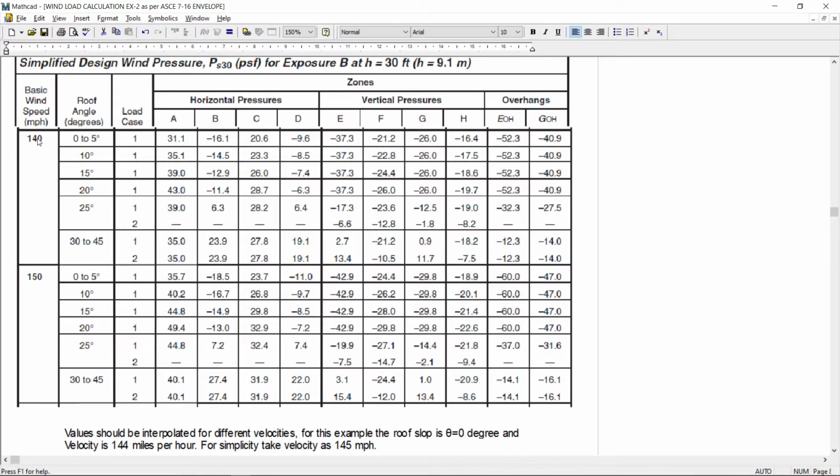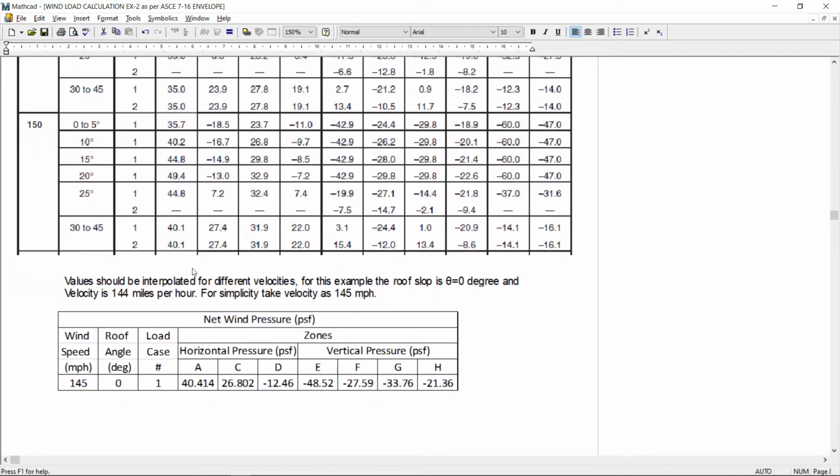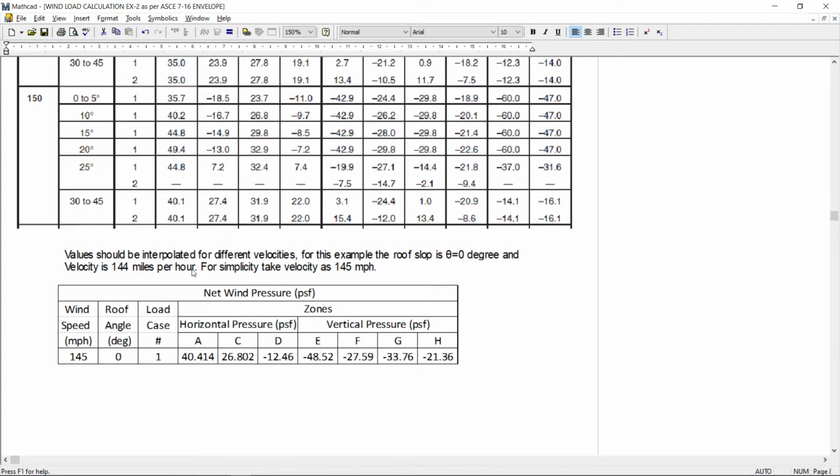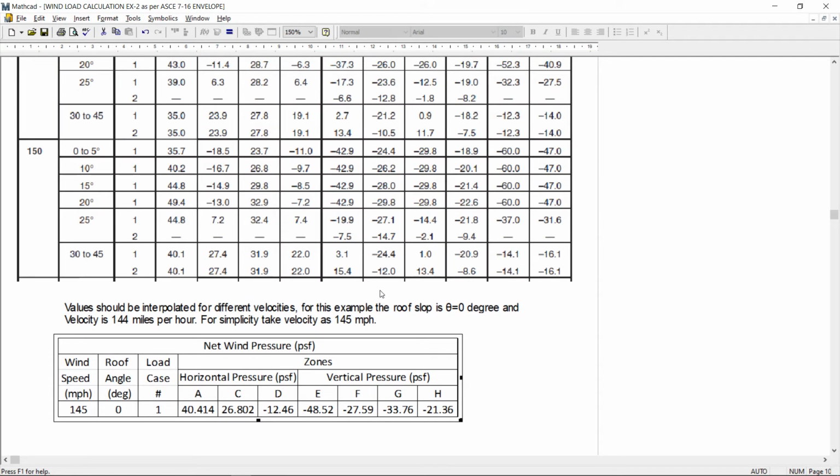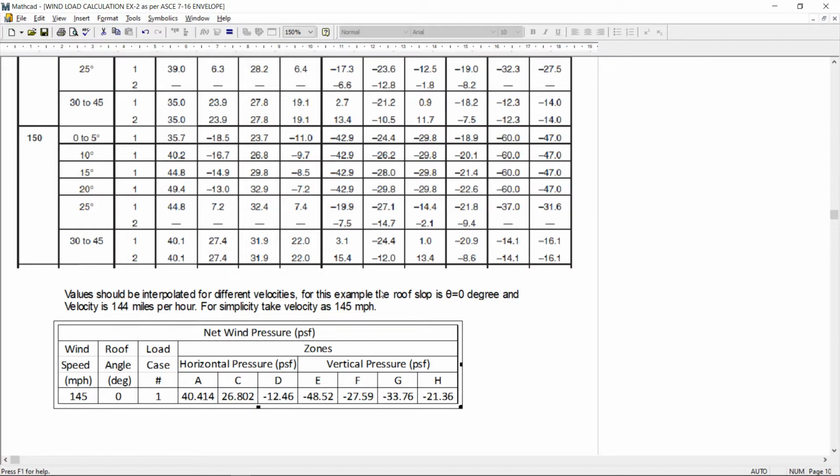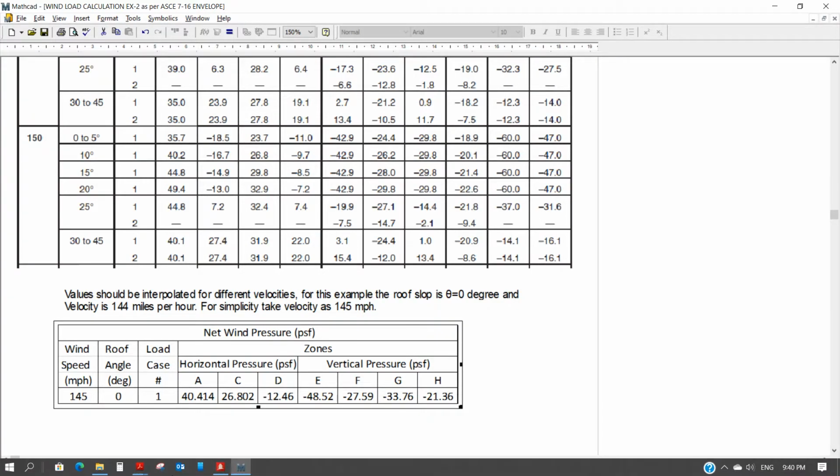So I took the average of these two. For example, for A, I took 31.1 and 35.7, averaged it out, and this is the way I calculated. But this is net wind pressure, and this net wind pressure is coming from another equation which I'll show you now.